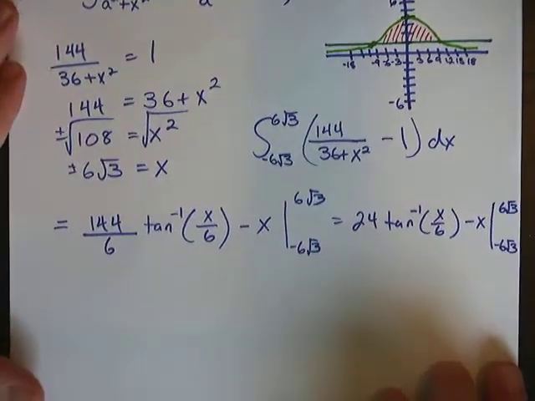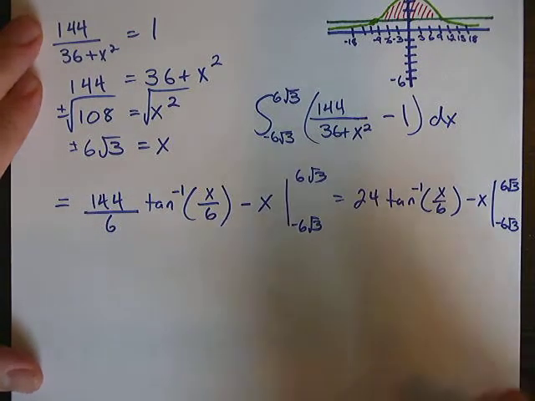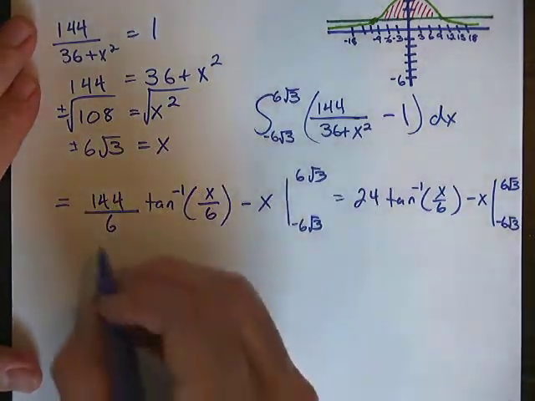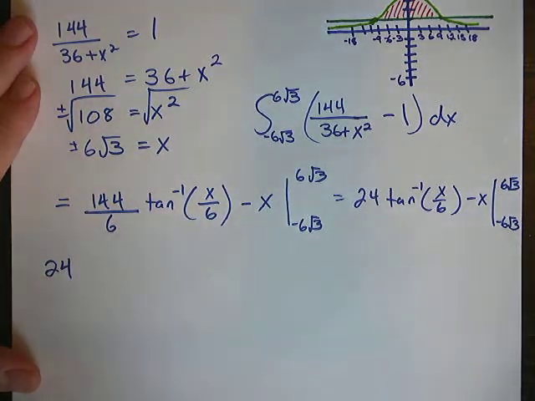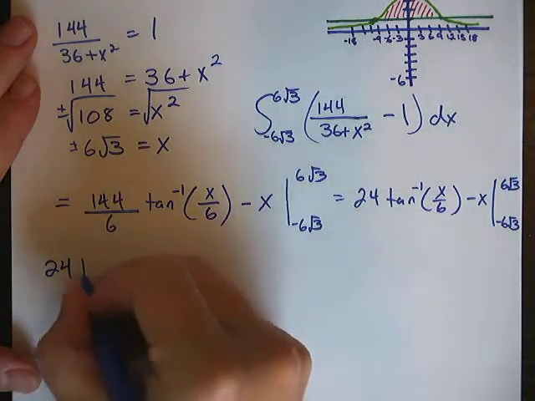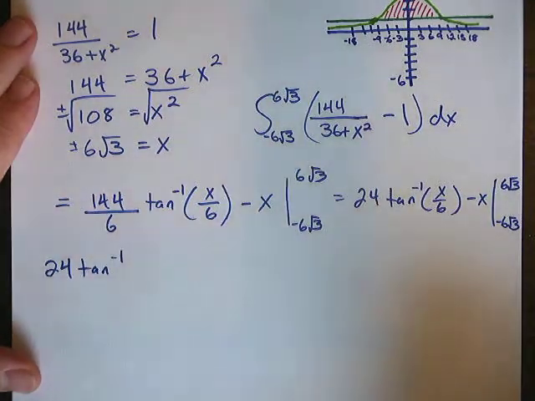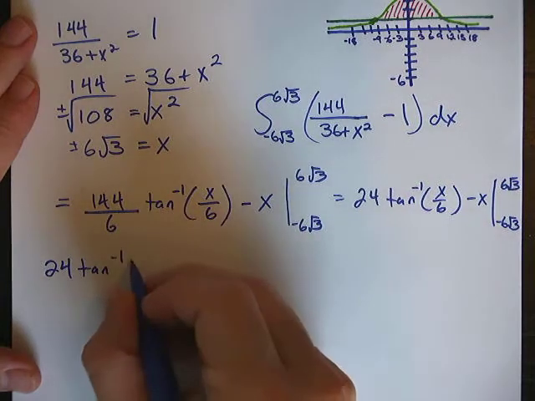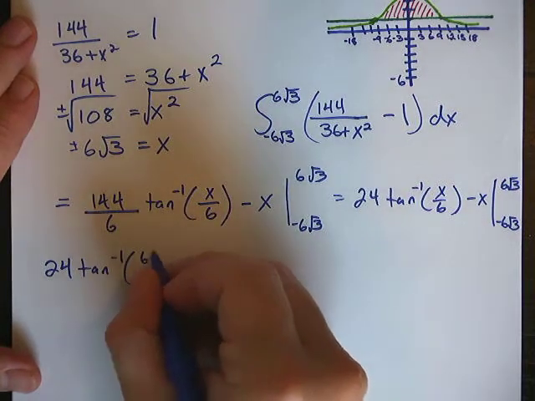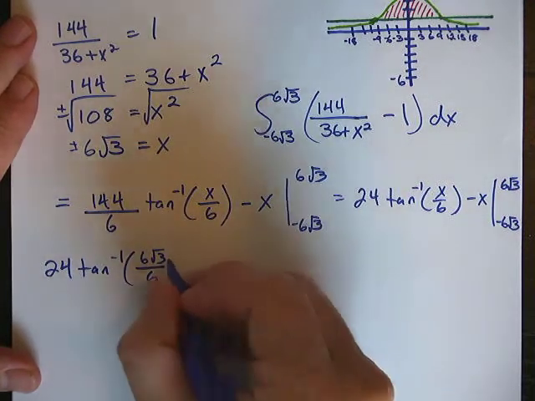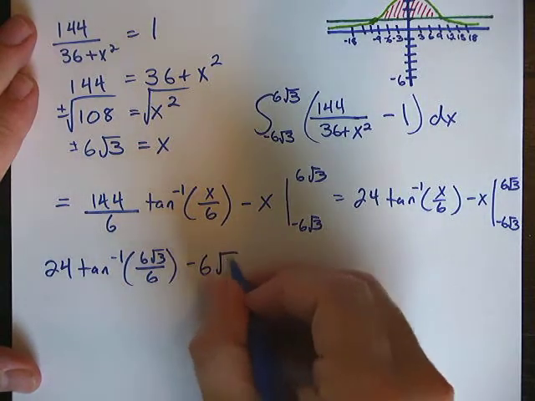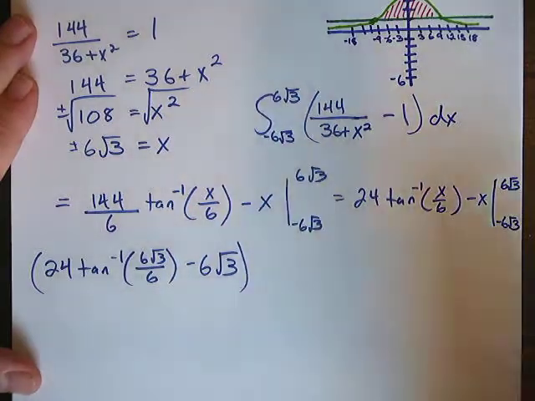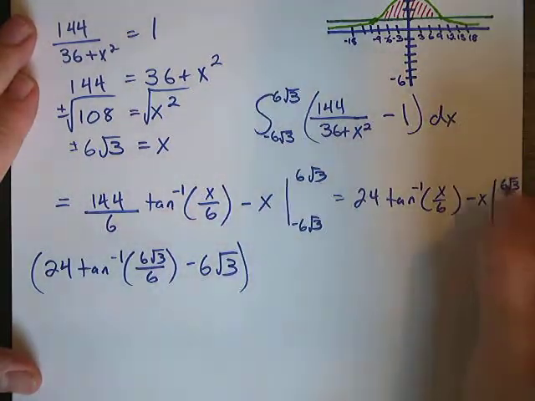Let's plug that in. The top limit, 6 root 3: 24 inverse tangent of 6 root 3 over 6, minus 6 root 3. That's the upper limit.